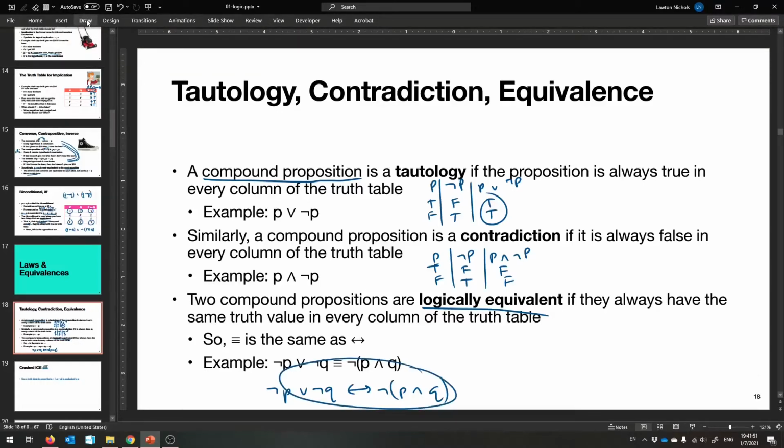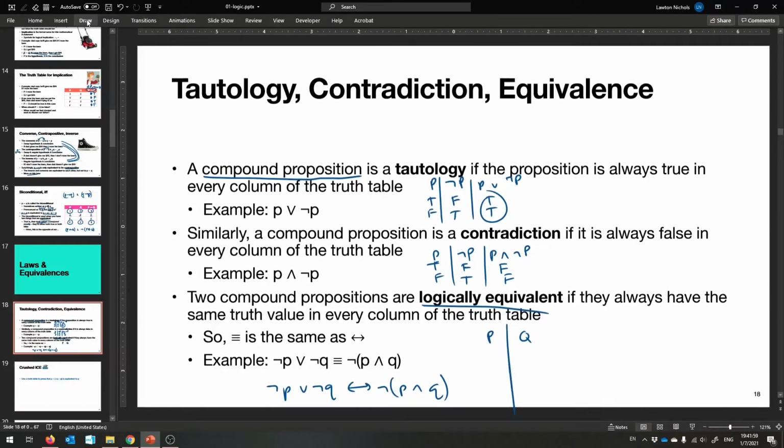So what does it mean for these to both be the same? So eventually, let's just do it all, let's do it right out. P is this, Q is this. We got time. Let's do not P or not Q, and let's do not P and Q first.